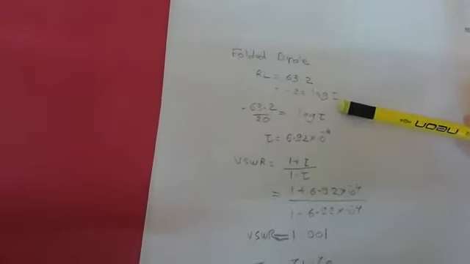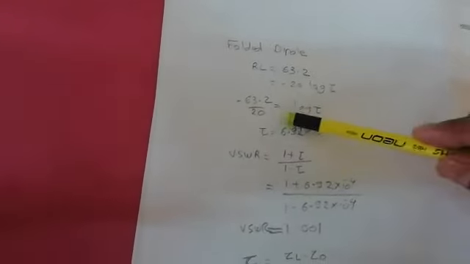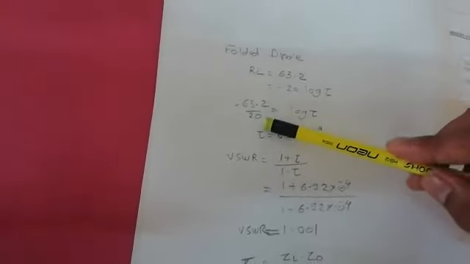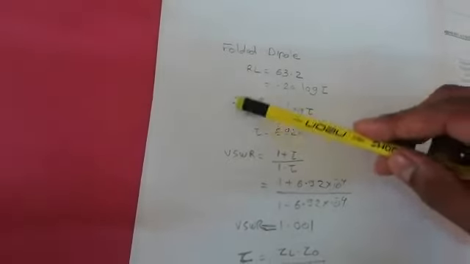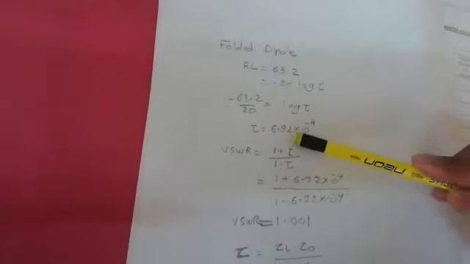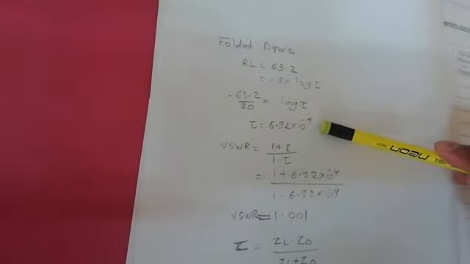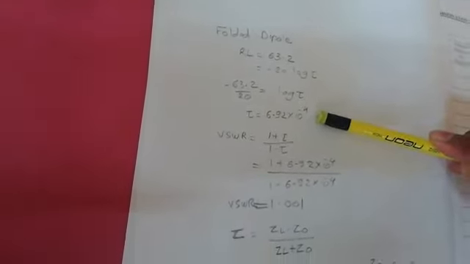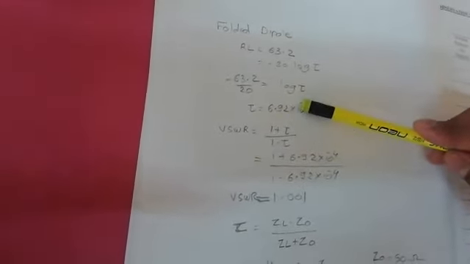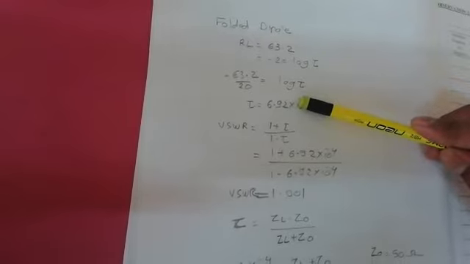For the calculation of gamma, log of gamma is given by minus 63.2 divided by 20. If you take the anti-log of this value, you will get reflection coefficient gamma equals 6.92 into 10 raised to minus 4. I will use this gamma value for the calculation of VSWR and the impedance.